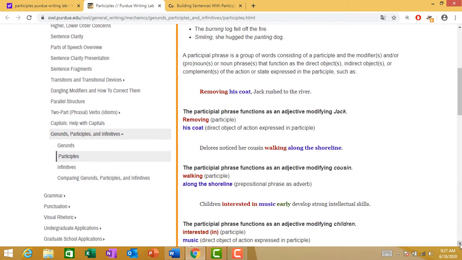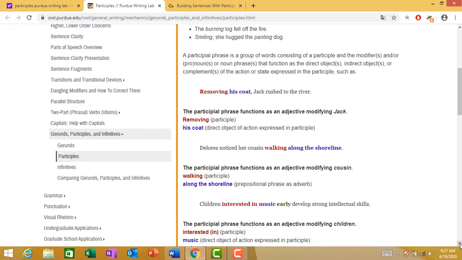Now you can easily see which part of this sentence is the participle. The participle is removing, and his coat is the direct object of the action that is expressed. So Jack walked to the river while he was removing his coat.